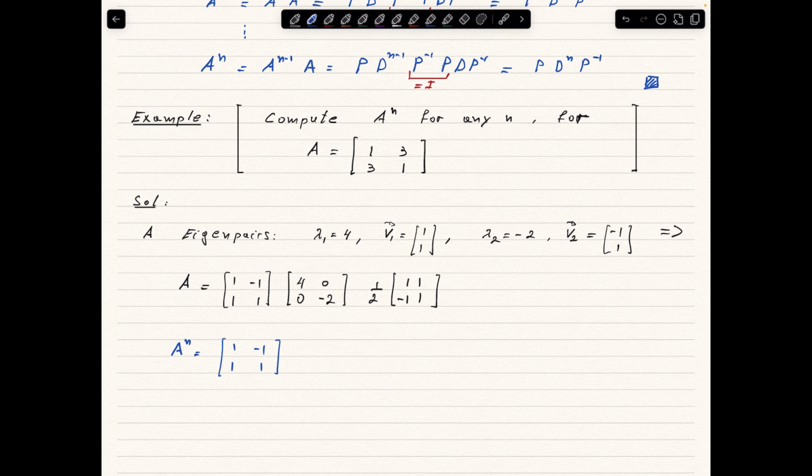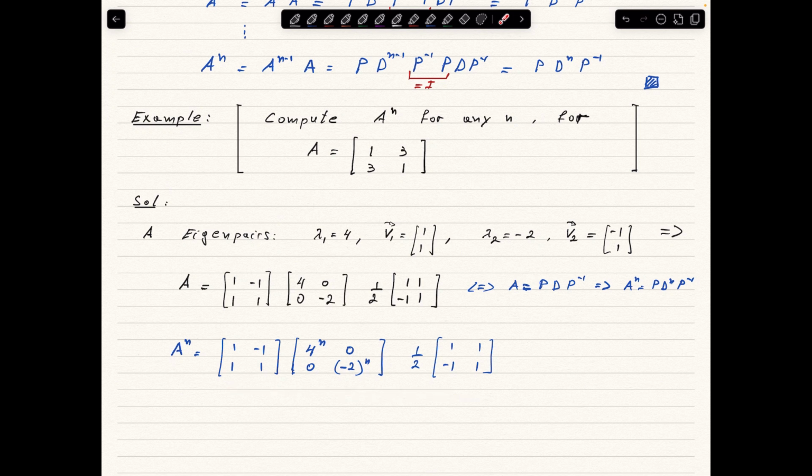So this is the same as saying that A is P D P inverse, and that implies that the power n here is going to be P D to the power n P inverse, and this is what we are computing here: 4 to the power n, 0, 0, negative 2 to the power n. And then here we have P inverse.